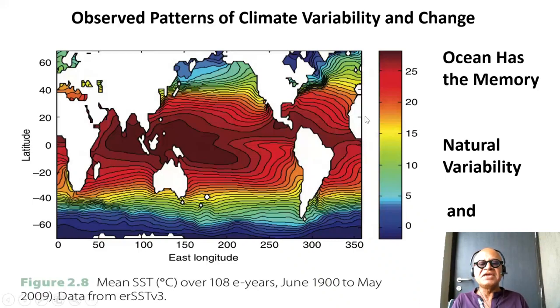So looking at the mean temperature distribution of the ocean temperatures, you can see the nice warm pool here, the warm waters under the ITCZ, and the Gulf Stream and the Kuroshio here, and the Indian Ocean's special status, which is not so obvious here.